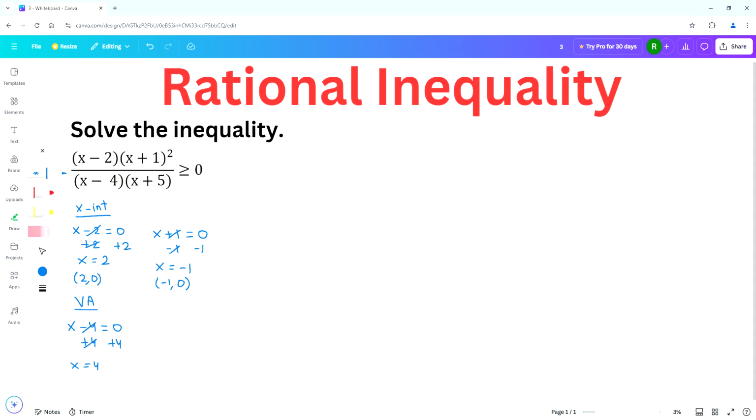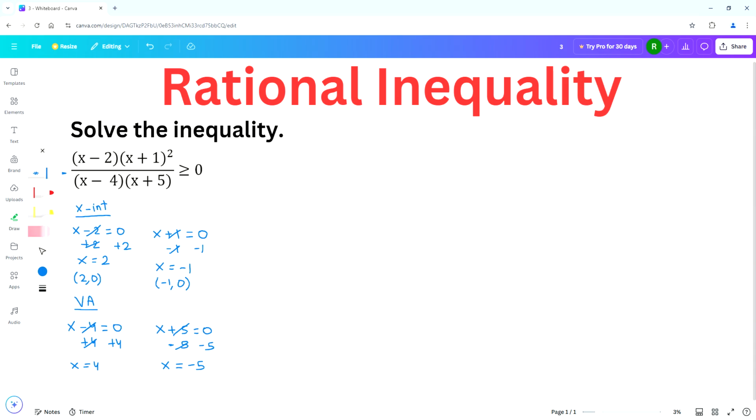The first vertical asymptote is x equals 4. The second vertical asymptote is x equals negative 5.